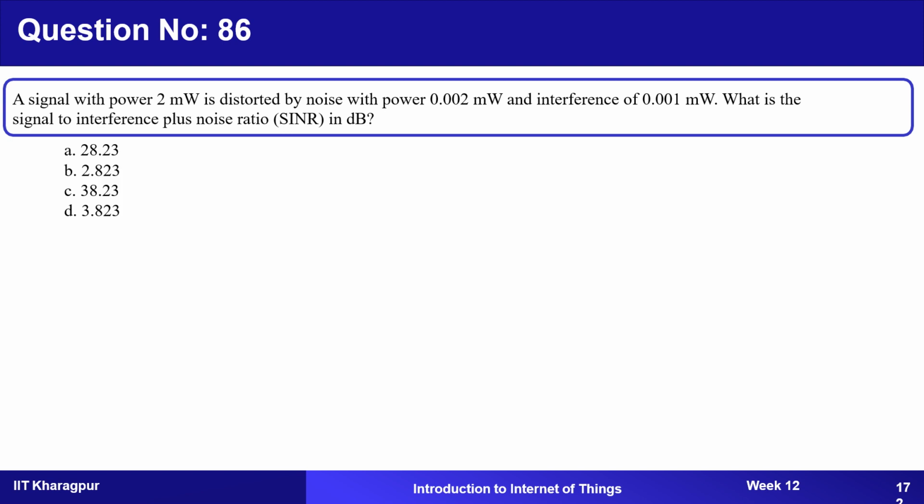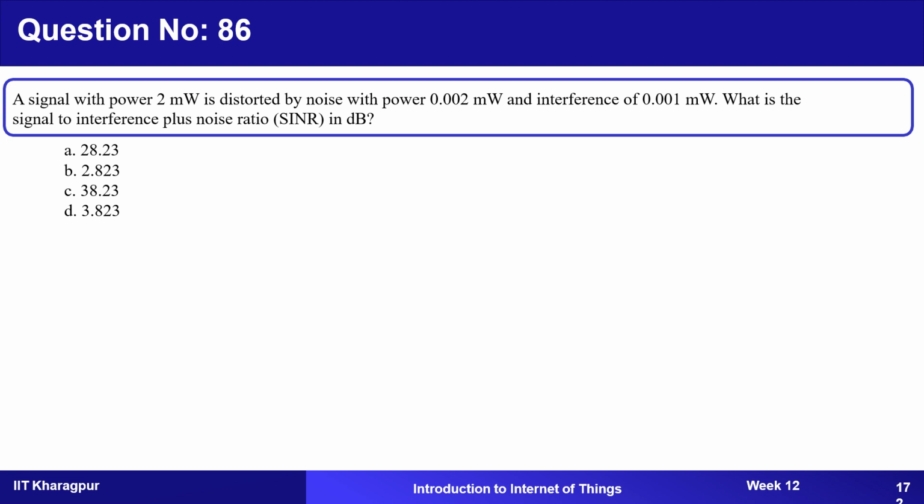Next question is, a signal with power 2 megawatt is distorted by noise with power 0.02 megawatt and interference 0.01 megawatt. What is the signal to interference plus noise ratio in dB?